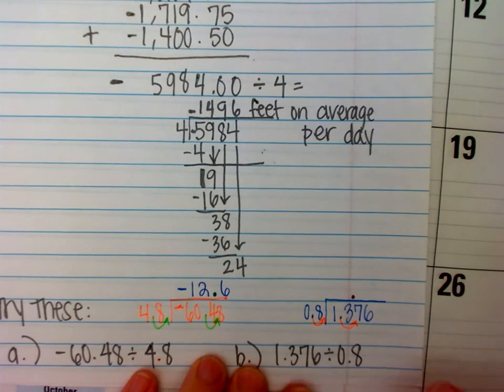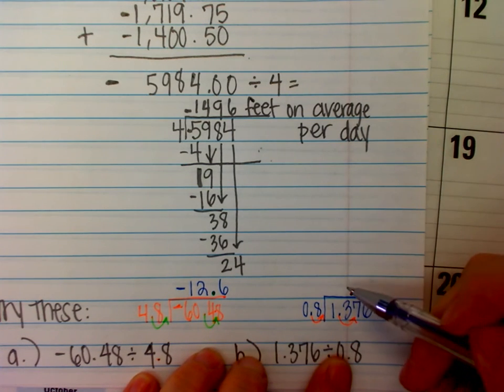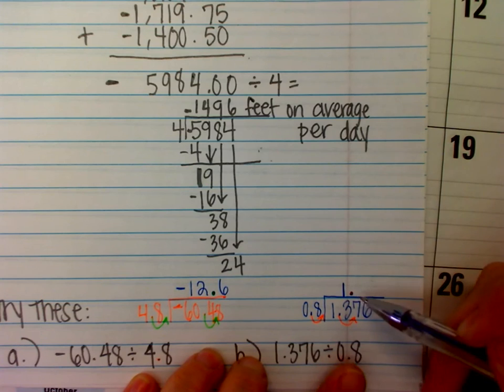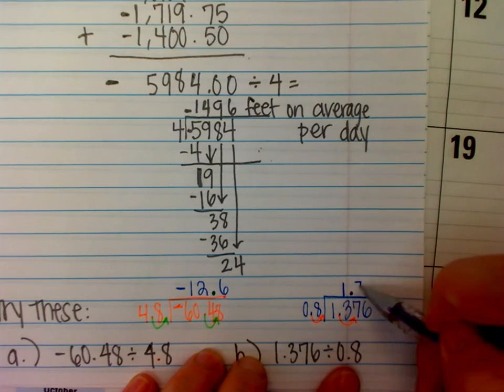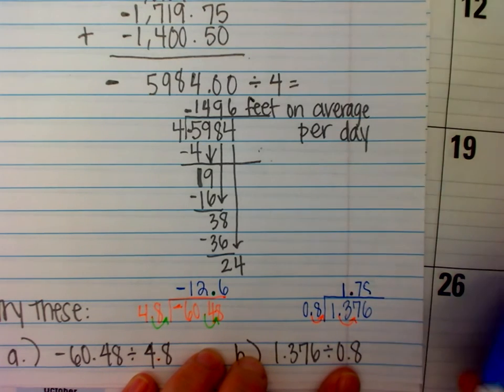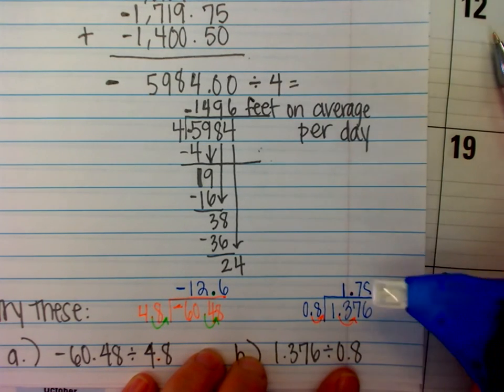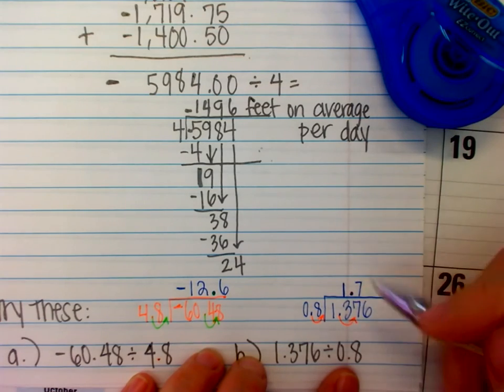Hopefully you've had enough time to divide 8 into 13.76 and you get a quotient of 1.72. You'll notice that both numbers were positive, so your quotient should remain positive as well.